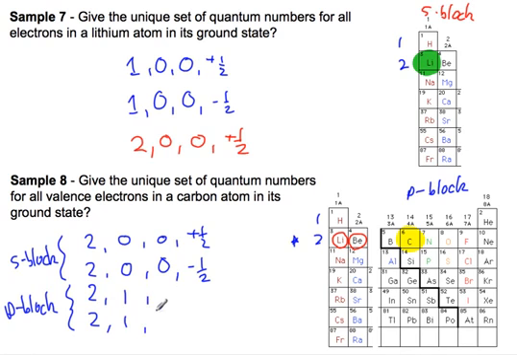Now here's something we're going to talk about a little later, but there's basically a rule for electron filling. There's several rules, and we're going to come to these, but one of the rules is that we half fill orbitals in a subshell before we fill them. By that we mean if I'm going to give a value of ml of +1 to this electron, it means the next electron cannot go into that orbital.